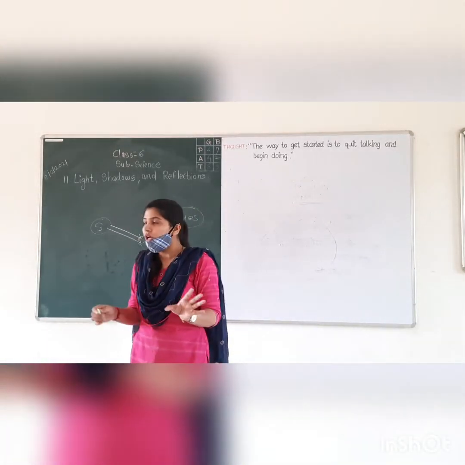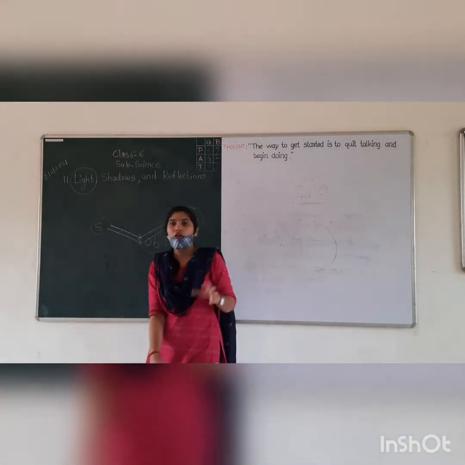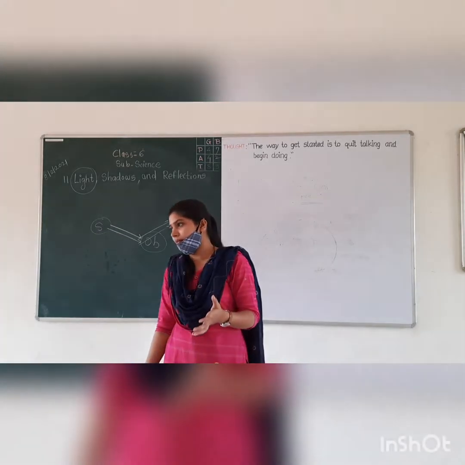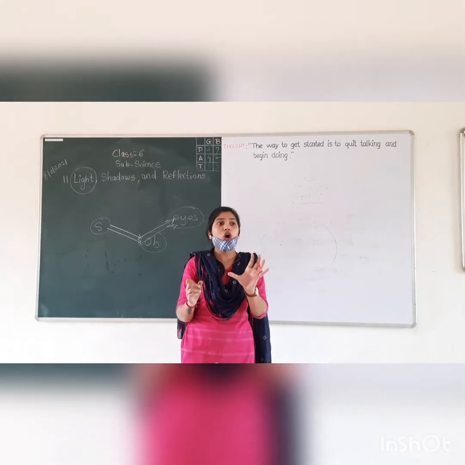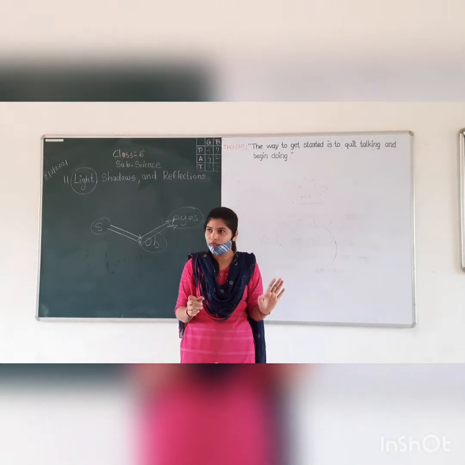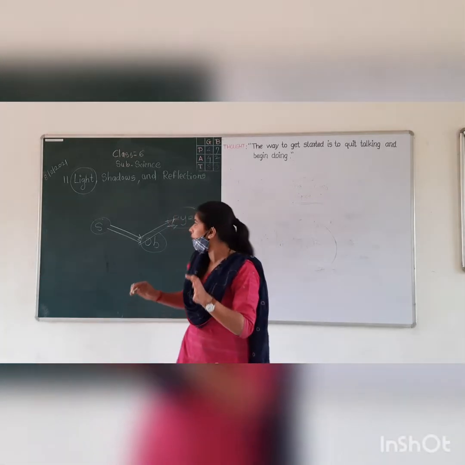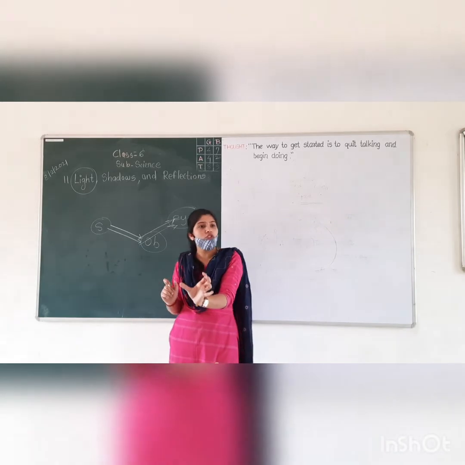So the main thing is your light. Without light, without sunlight, we cannot see. In a dark room, we can see, but not clearly. That is a different part you will see in higher classes. But understood what is actually the concept when we see any object?